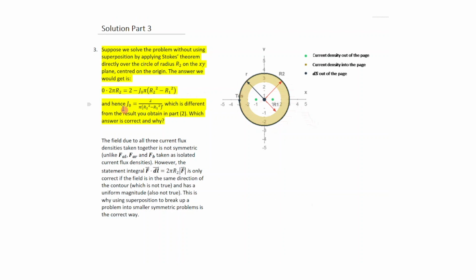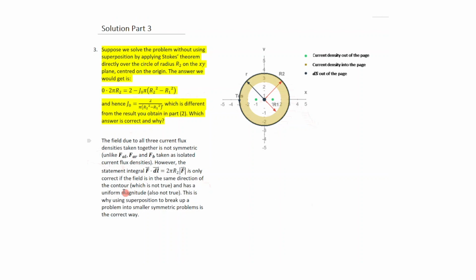If you then solve for J naught, you end up with this result, but that's different from part 2. Which answer is correct and why? All right, so this is more or less the explanation. The field due to all 3 current flux densities taken together is not symmetric, unlike FAL, FAR, and FB taken as isolated current flux densities. However, the statement that the integral of F dot dl equals 2 pi R2 F is only correct if the field is in the same direction as the contour, which is not true.